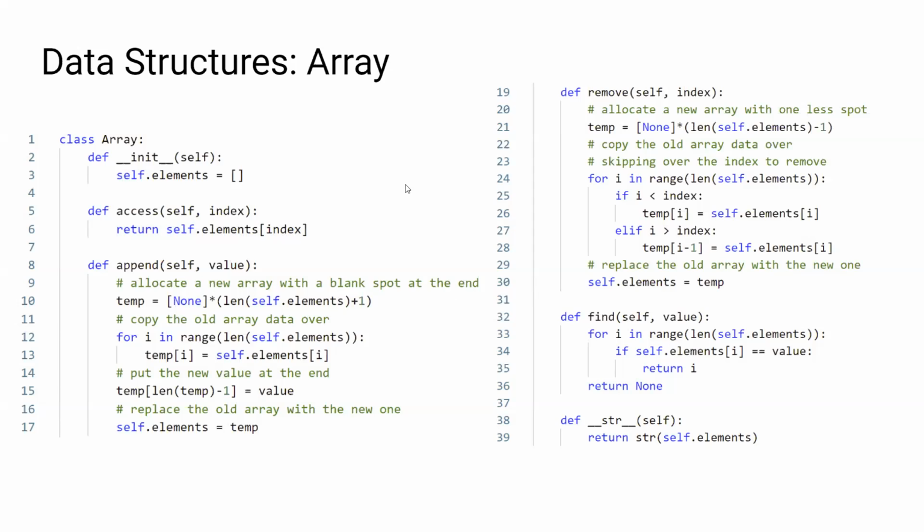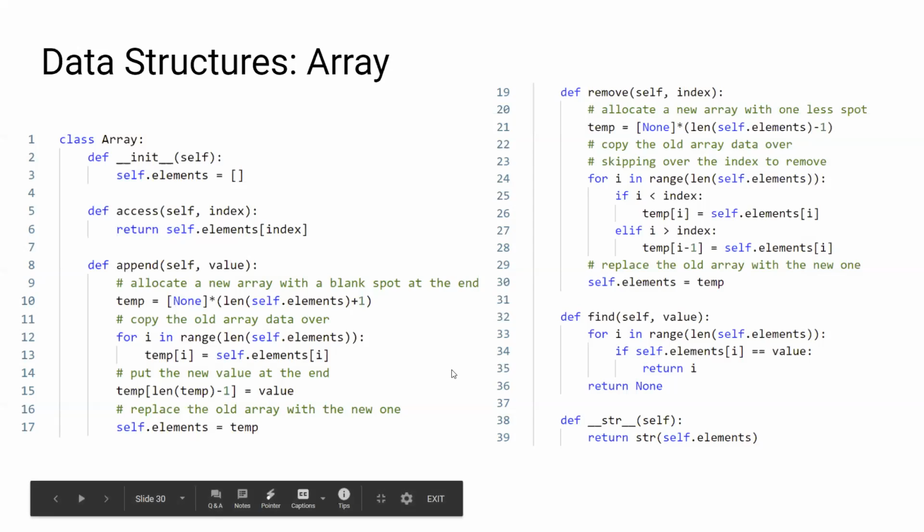For appending, we create a second list with a bunch of Nones inside, one more than the length of the original. We copy over the data, insert the value into the end of that list, and then replace the original list with the new one.